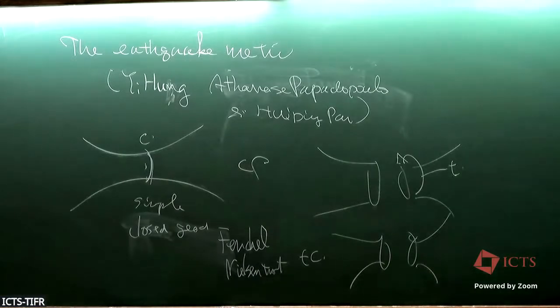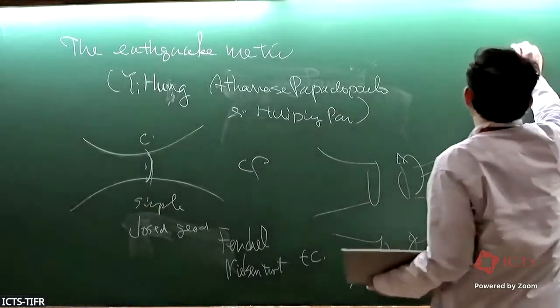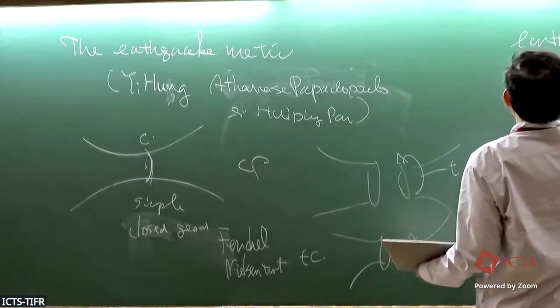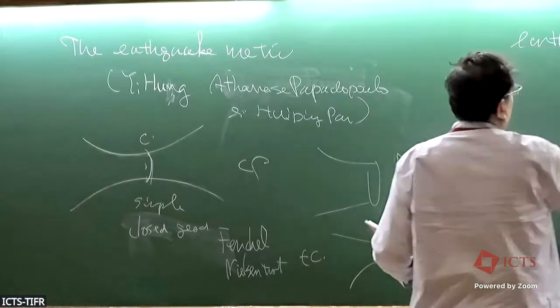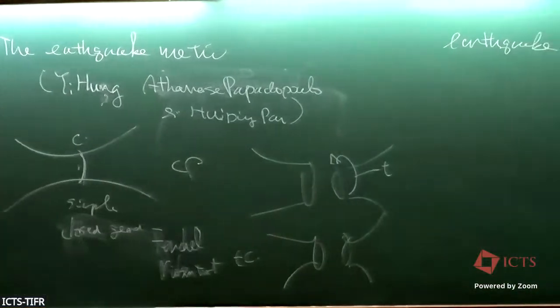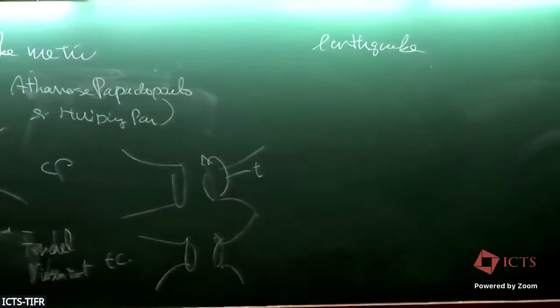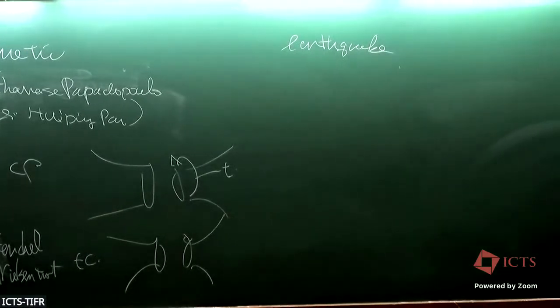And what I'd like to show today is a kind of generalization of this Fenchel-Nielsen twist first. So it's called earthquake. It's something invented by Thurston. And this is a generalization of the Fenchel-Nielsen twist too.